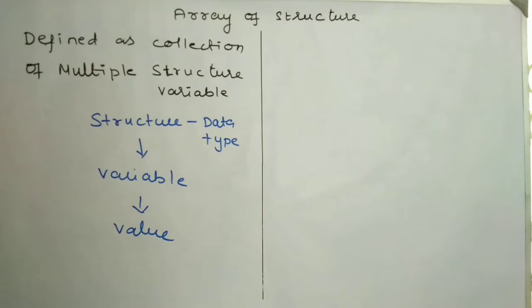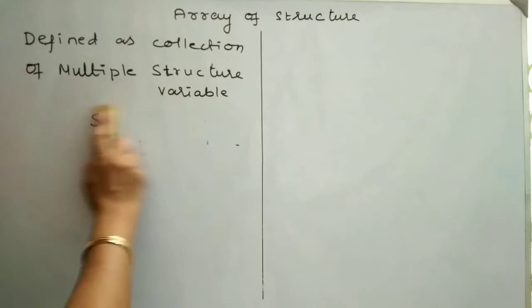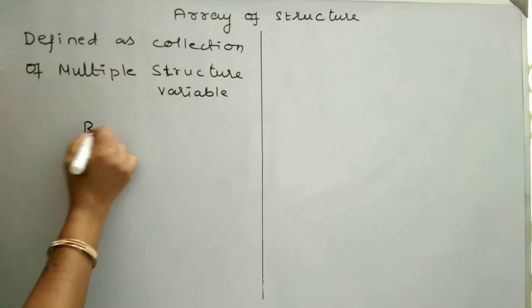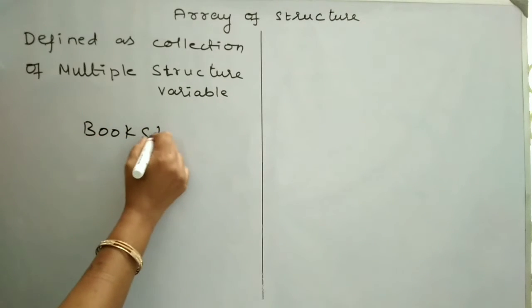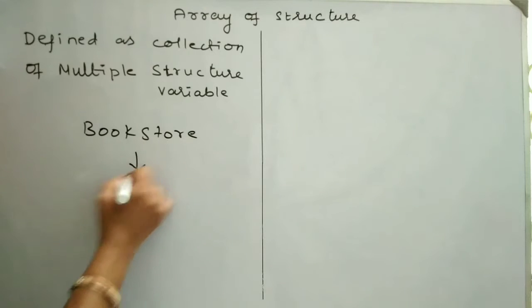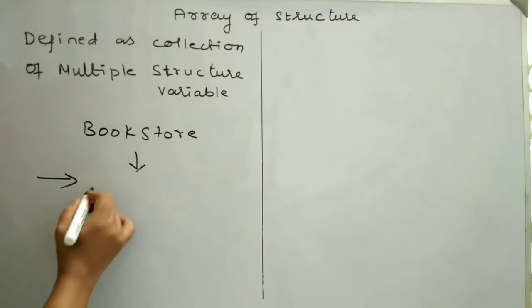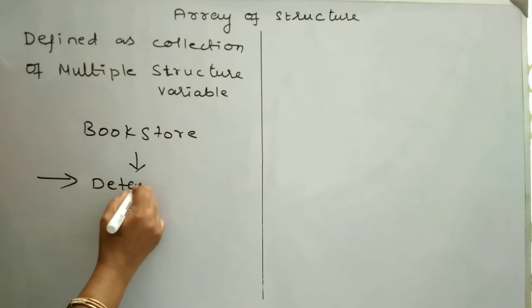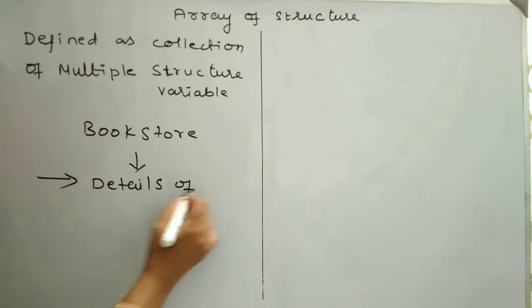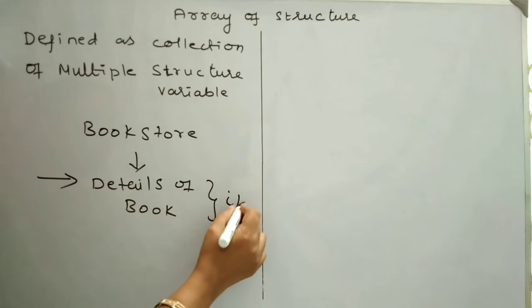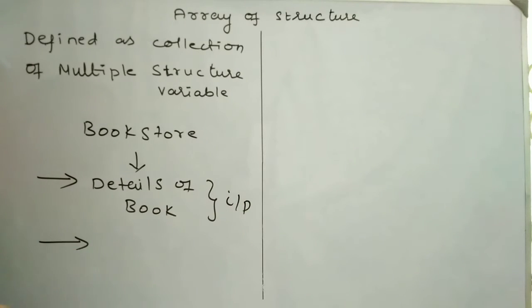We are going to explain this array of structures concept with an example program which is implemented for a bookstore. In this, from the purchaser, we are going to get details of the books they want to purchase, which is my input, for which I am going to generate an output.